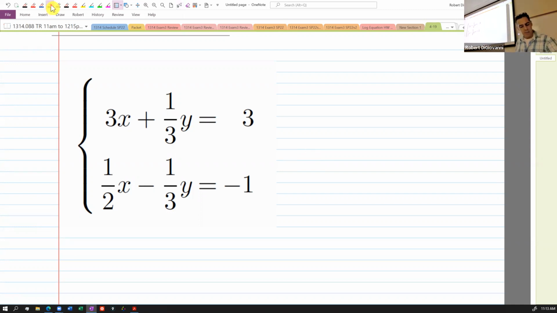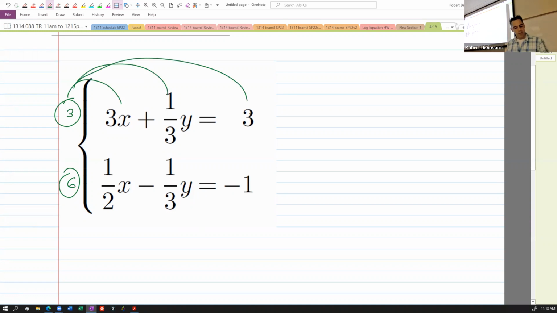Okay, let's do that. Let's multiply the top equation by 3, the bottom equation by 6, and we'll distribute through. Just remember that these have to go through to all 3 pieces, right? So our new system is what?